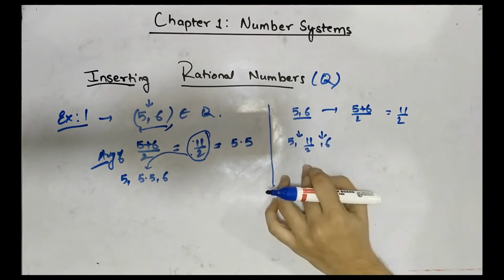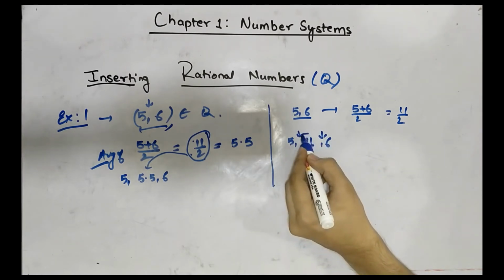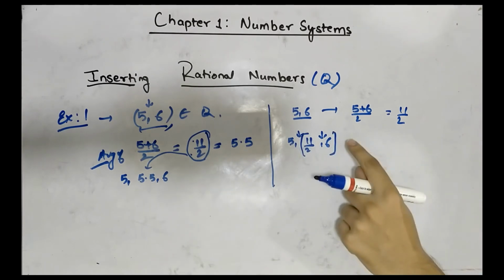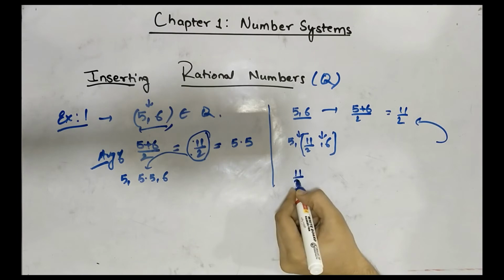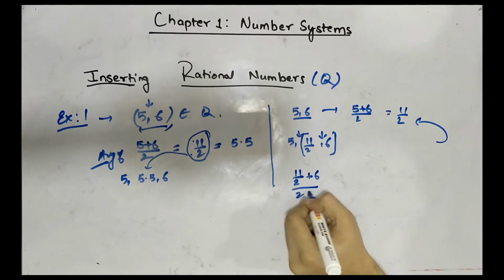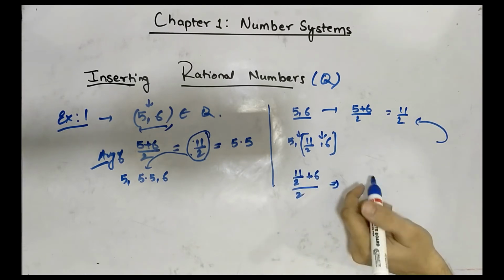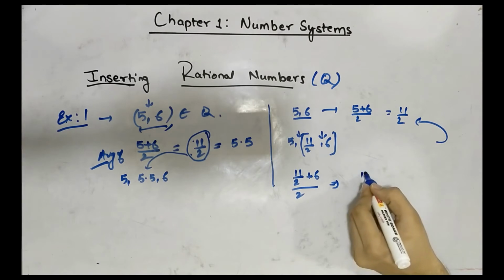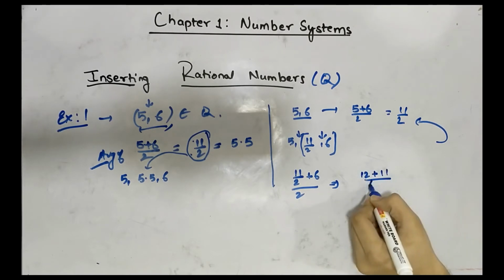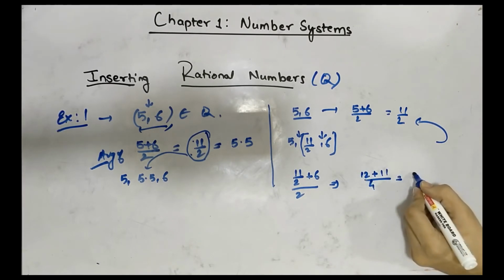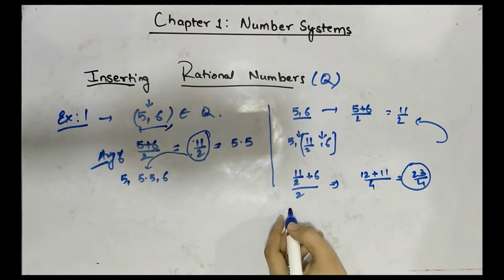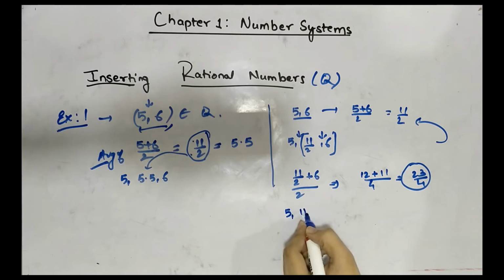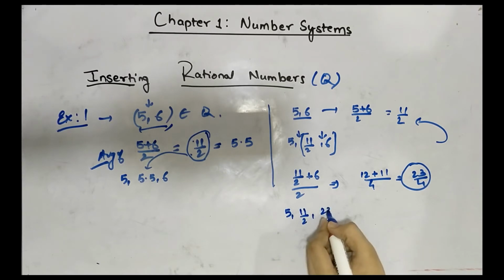Since both are rational numbers, you take this set and do the same method again: 11 by 2 plus 6, the whole thing divided by 2. That is (12 plus 11) upon 4, which is equal to 23 by 4. So the numbers will be 5, 11 by 2, 23 by 4, 6.